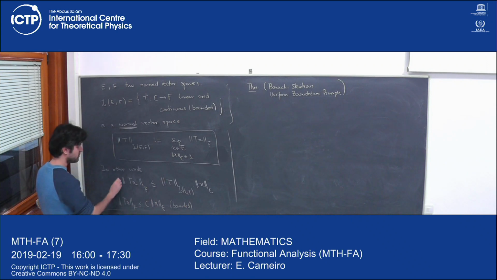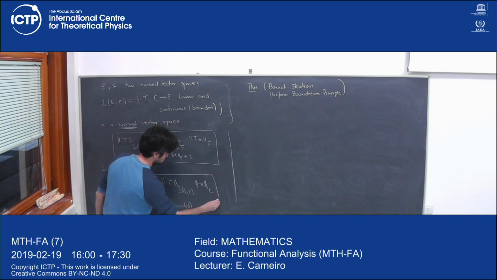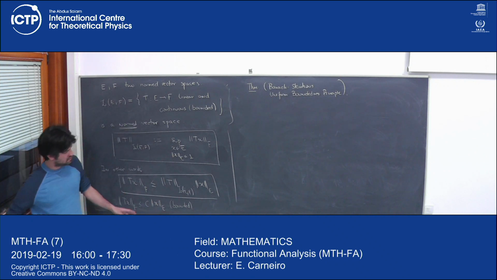And the smallest possible value of C that you can put so that this inequality is still true is this number here. Is that clear to you guys? This is a little bit subtle, but it's important.